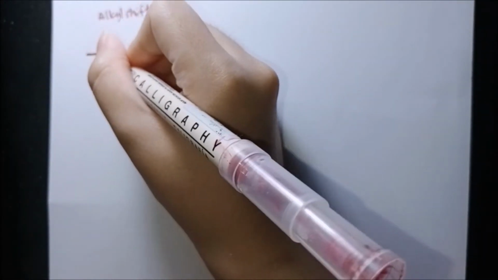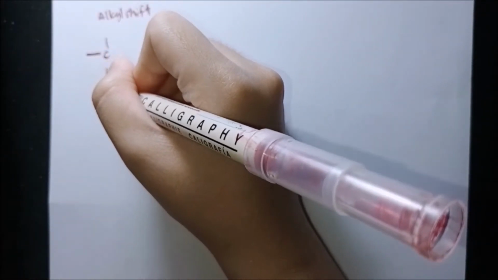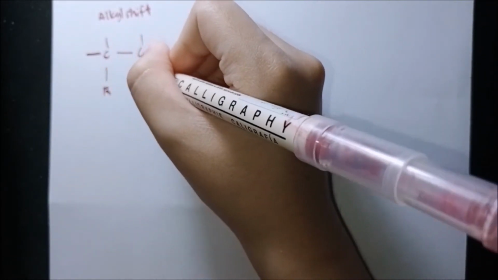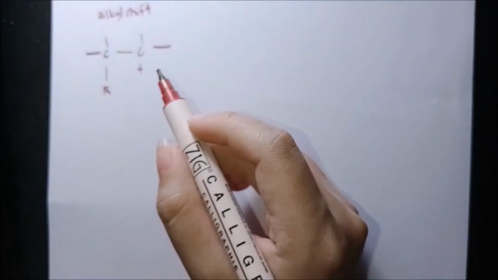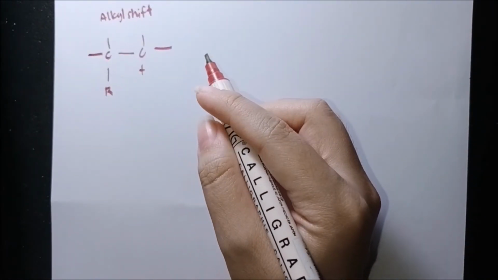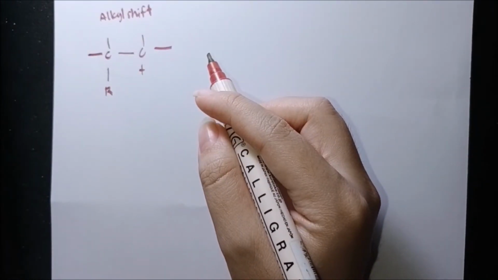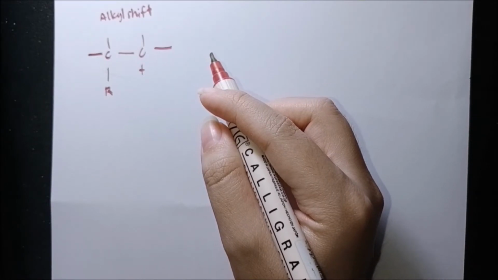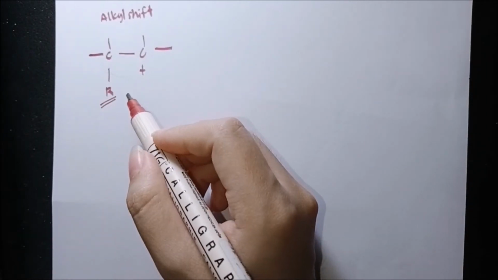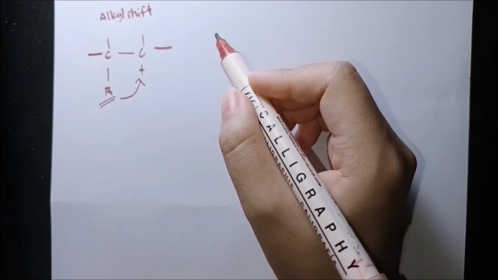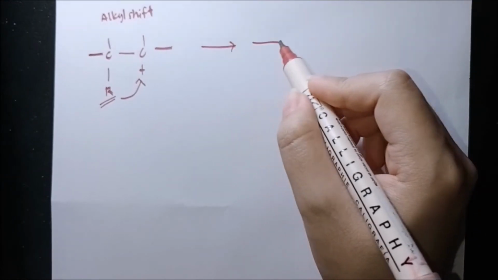So this is our carbocation. The R represents an alkyl group. It can shift to the other carbon if that will yield a more stable carbocation.